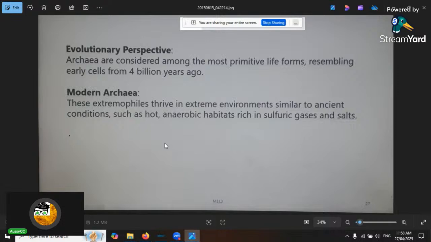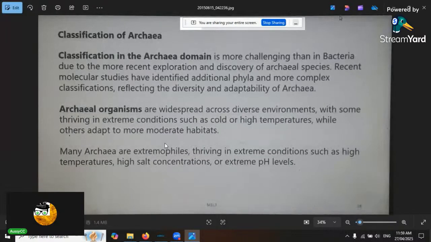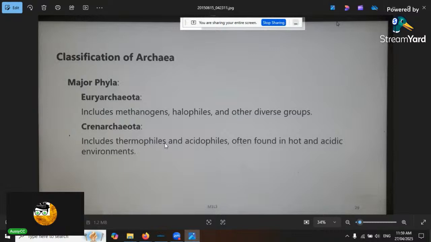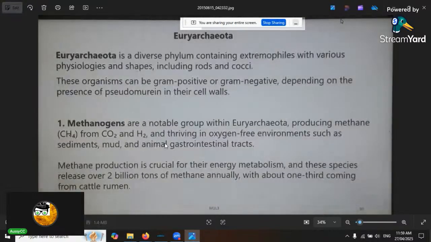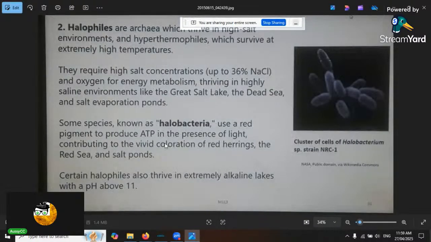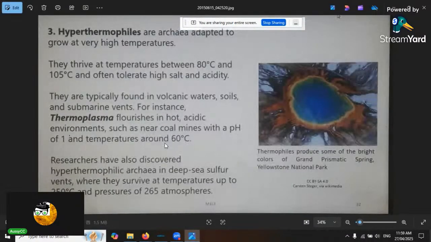Okay, considered to be among the most primitive life forms, resembling early cells formed 4 billion years ago. They're still around today. How can they survive? Alphas, yes. Alphas.